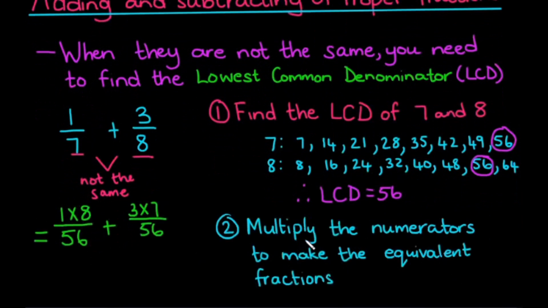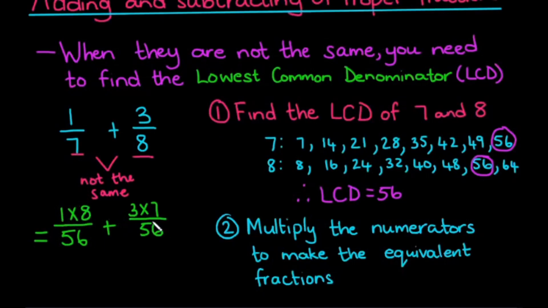Next, I will need to multiply the numerators to make them equivalent fractions. So I've multiplied the bottom of the fraction by the multiple. So 7 times 8 will give me 56. But what I do to the bottom, I need to do to the top as well. So 1 times 8.